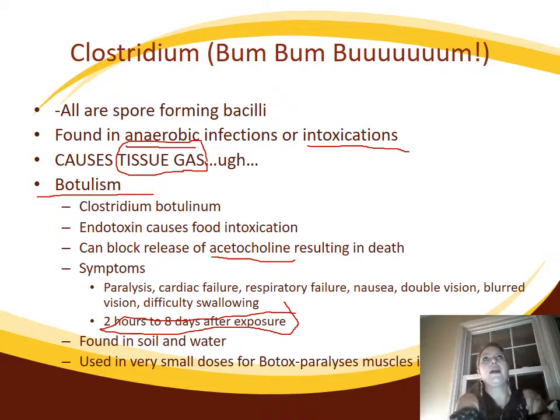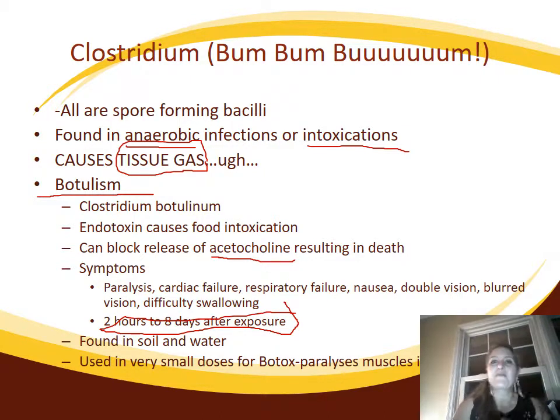The way it works is that one of the symptoms of botulism contamination is paralysis. So if I'm trying to get rid of wrinkles in my face, a very, very tiny amount of the botulinum toxin is going to cause temporary facial paralysis, which gets rid of the wrinkles on my face. Okay.